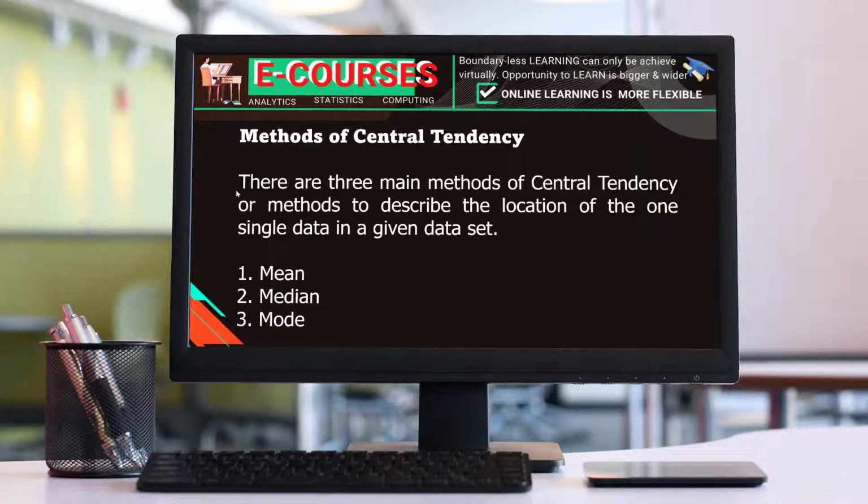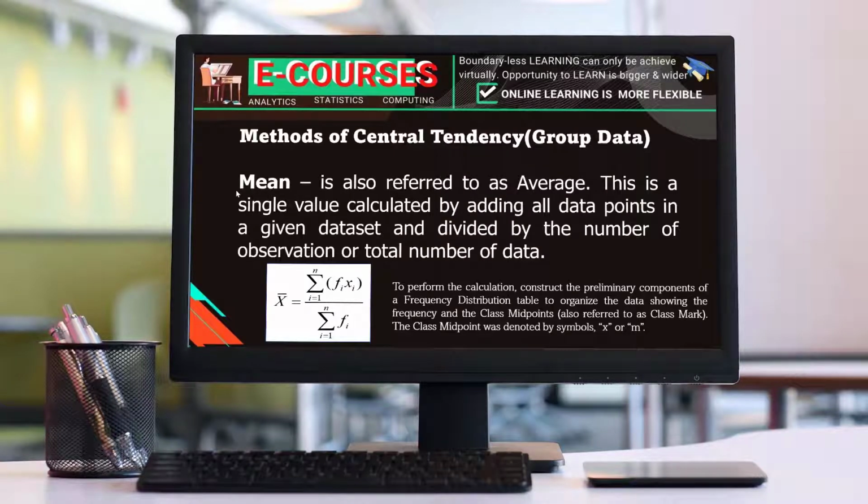Now, these are the most commonly used measure of central tendency. These are the mean, median, and mode. Alright. And the easiest way, before we proceed, the easiest way and the most organized procedure before calculating the measure of central tendency for grouped data is to construct a frequency distribution.